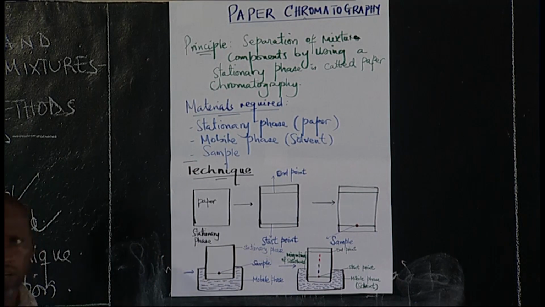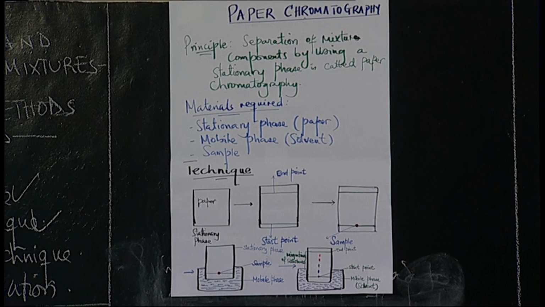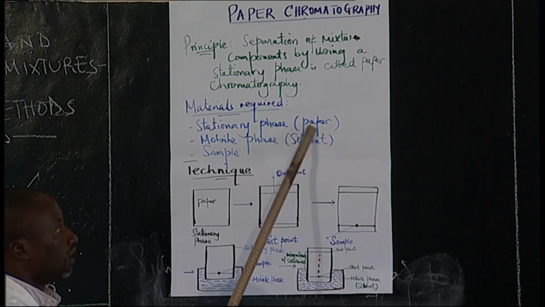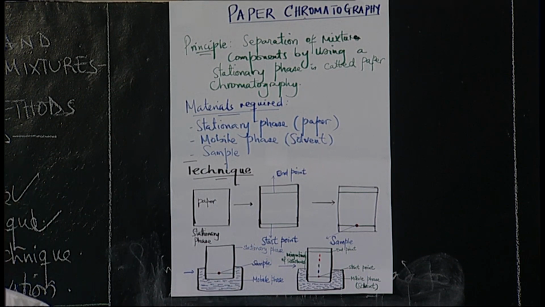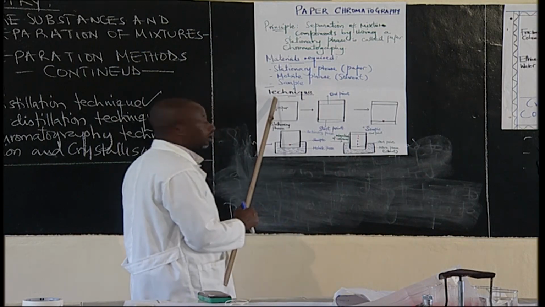The materials: what do you need when you are going to separate using paper chromatography? You need a stationary phase. That is a paper, not any paper like this one. We'll see the type of paper that is required.